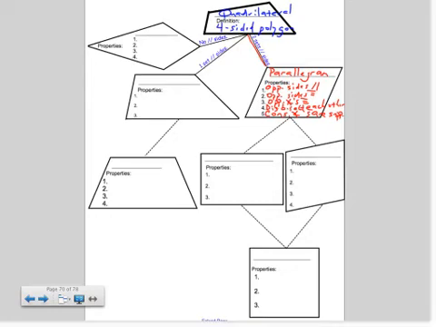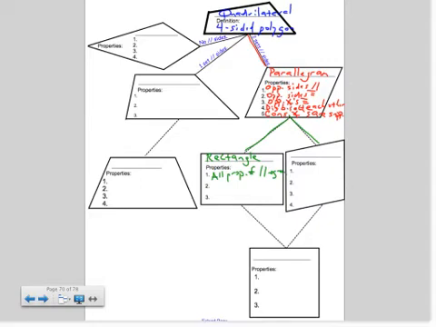Now, underneath the umbrella of parallelogram, we have 2 special types of parallelograms we discussed. The first one was a rectangle. A rectangle has a lot of properties, but there are only 3 here because the first thing we're going to say is that it has all properties of a parallelogram. I know I ran out of room there.